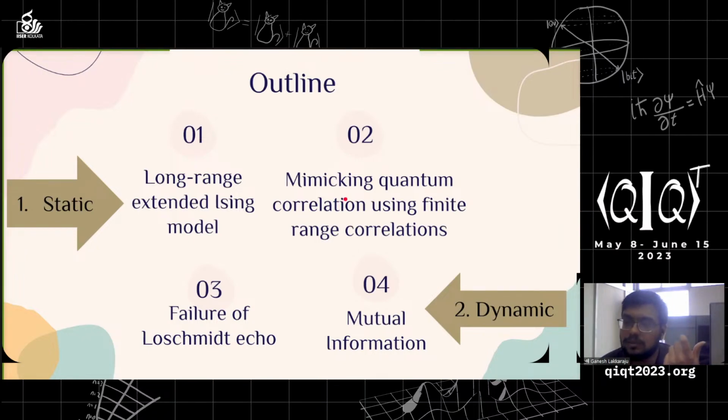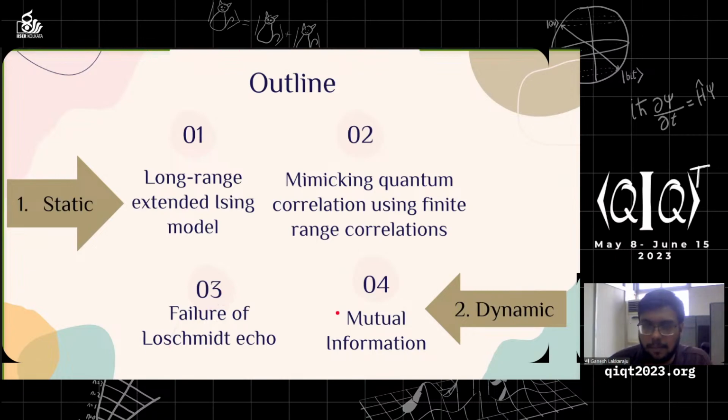I'll define what expensive means. In the second part, I'll describe the dynamics of this model, what happens if we quench between the different phases of this model, whose phase diagram is quite rich.